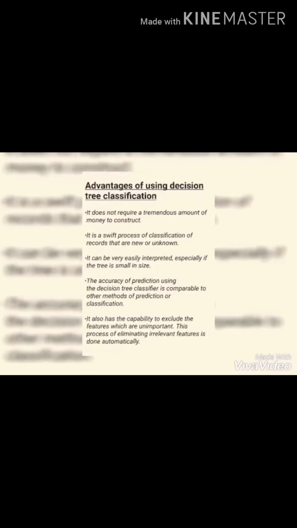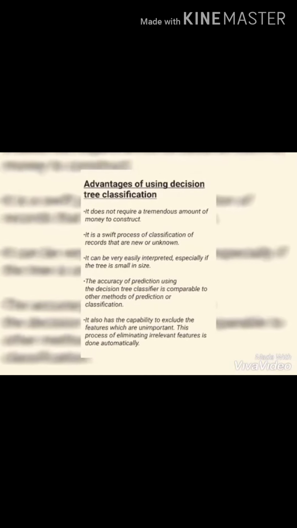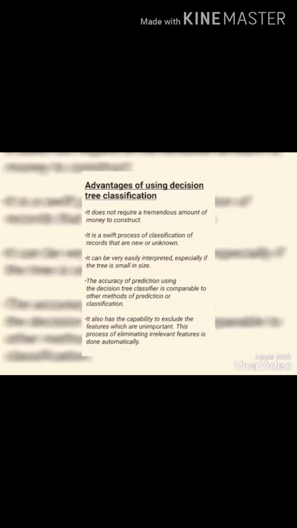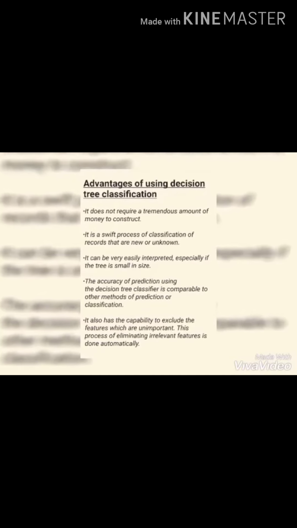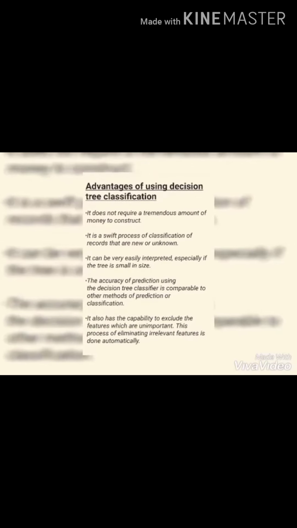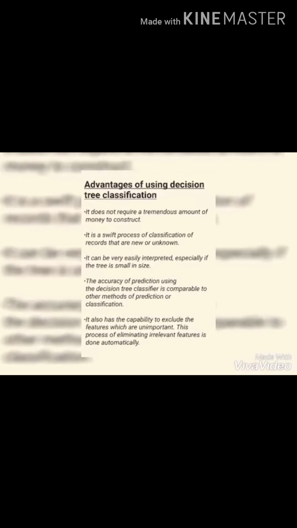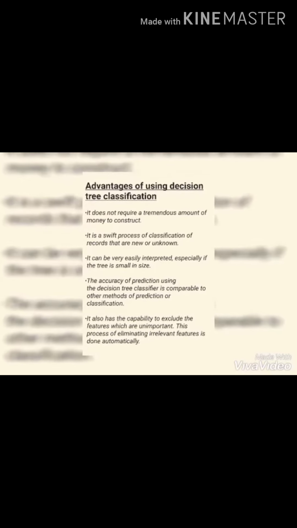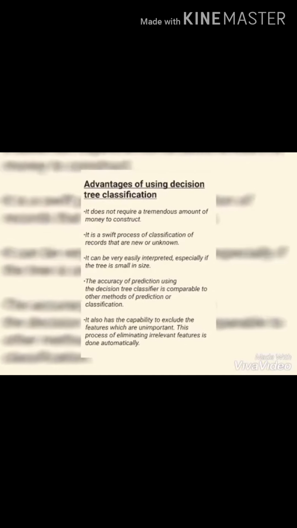Let us know about the advantages of using decision tree classification. Decision tree classification does not require a tremendous amount of money to construct. It is a swift process of classification of records that are new or unknown. It can be very easily interpreted, especially if the tree is very small in size.